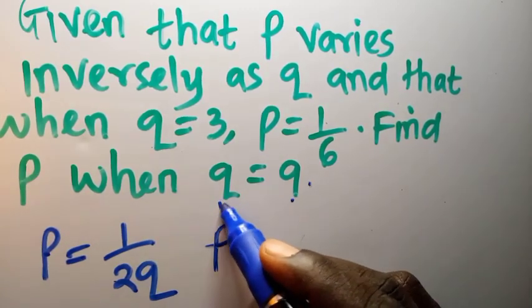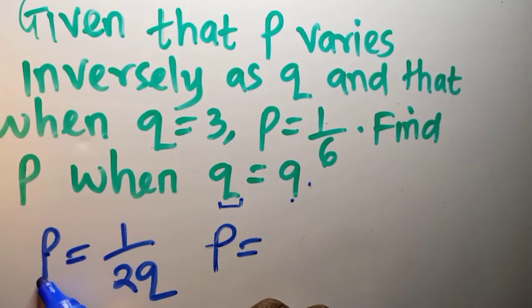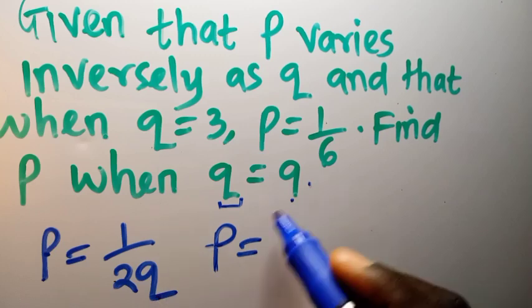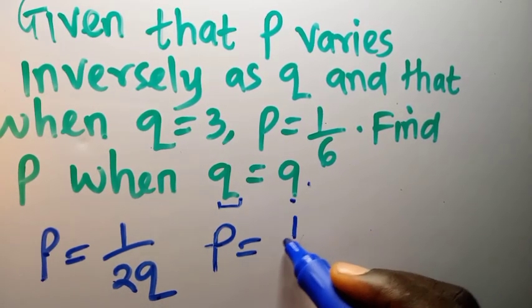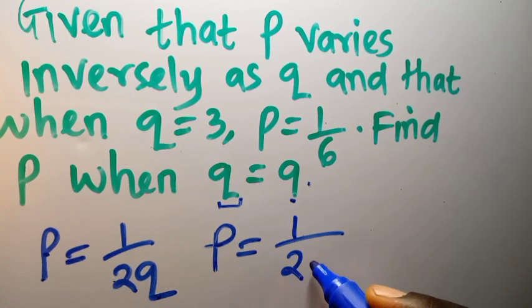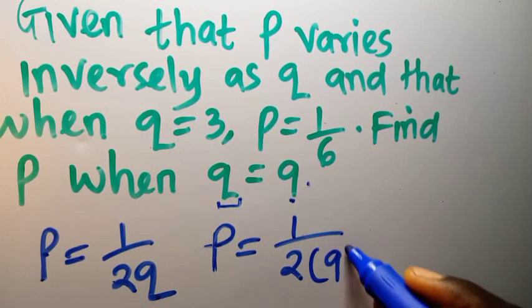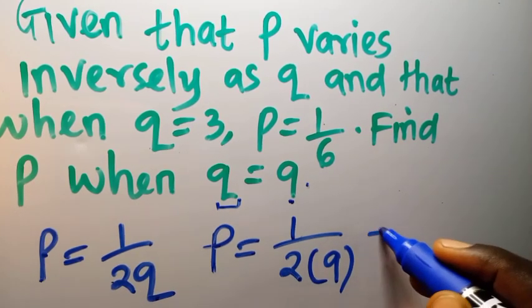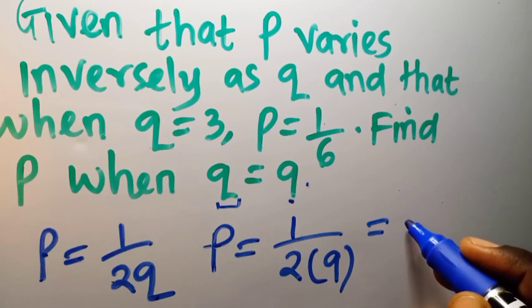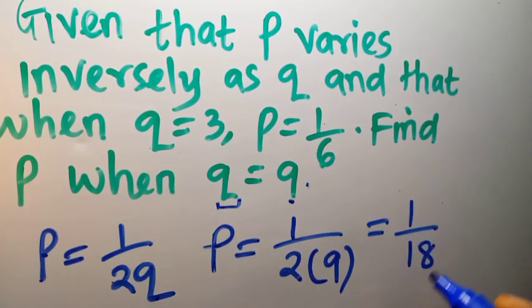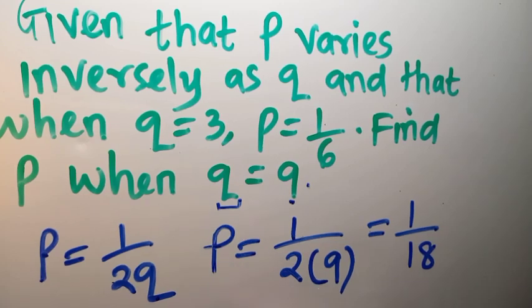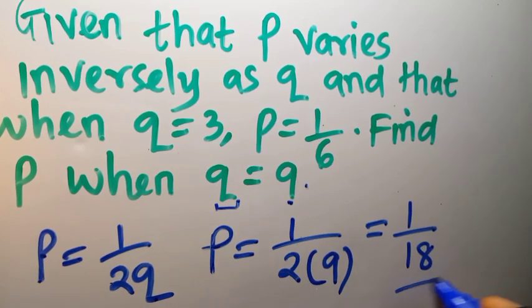Therefore, instead of Q in this equation connecting P and Q, I will substitute Q with 9. Therefore, I shall have 1 over 2 times 9, which is 18. And therefore, the value of P is 1 over 18.